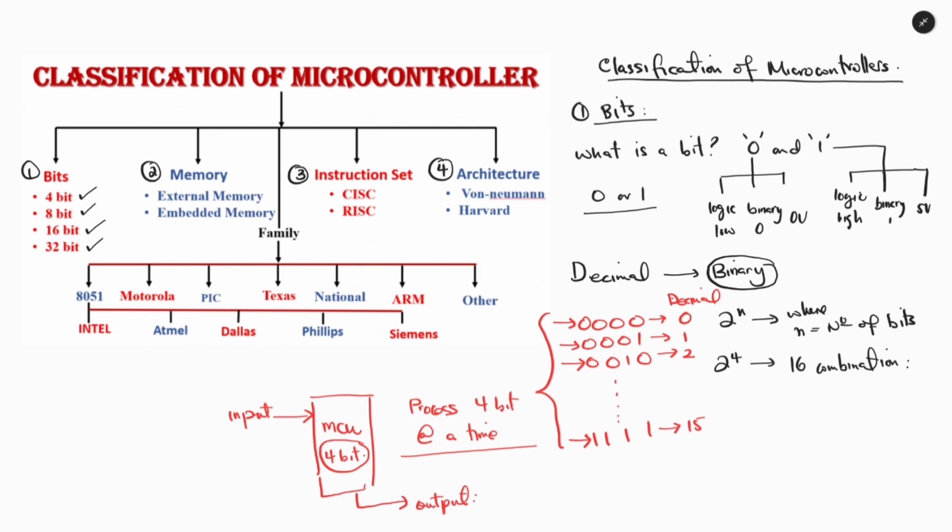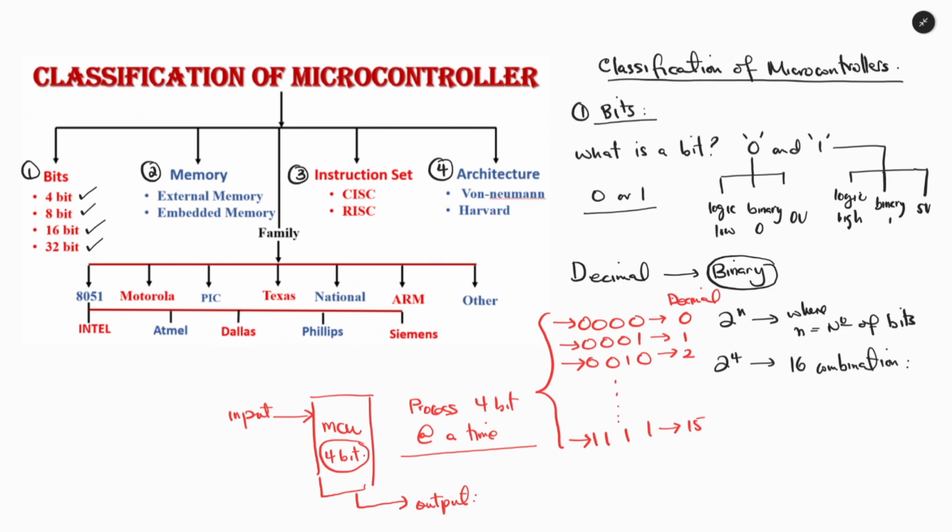When the microcontroller processes inside its processor, it will process 4 bits at a time, and this is why this type of microcontroller is known as a 4-bit microcontroller. I will later explain the difference in speed and the applications in which this type of microcontroller can be used.